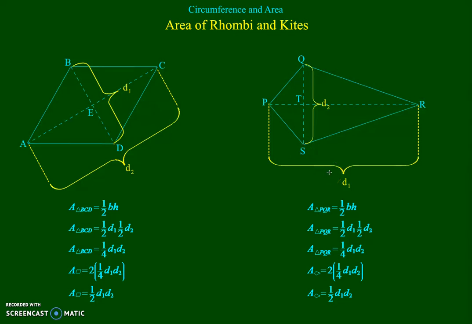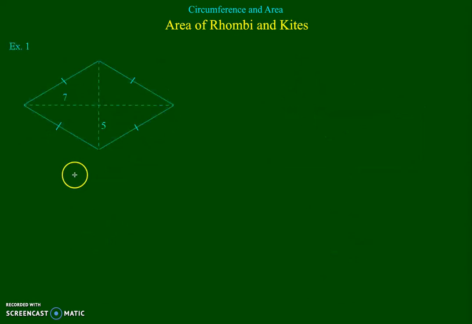Let's go ahead and work out a couple of examples just to lock these ideas down. In this first example, we have a rhombus indicated by the 4 congruent sides, and we're given this segment of the diagonal is 7, this segment is 5. What that means, of course, is that since diagonals bisect each other in a rhombus, this has to be 5, this has to be 7.